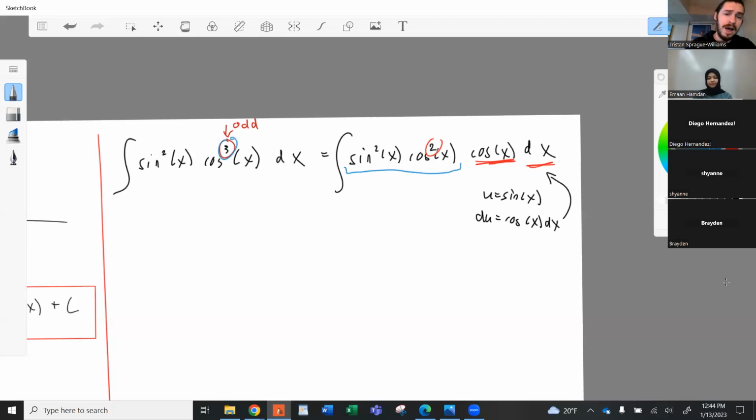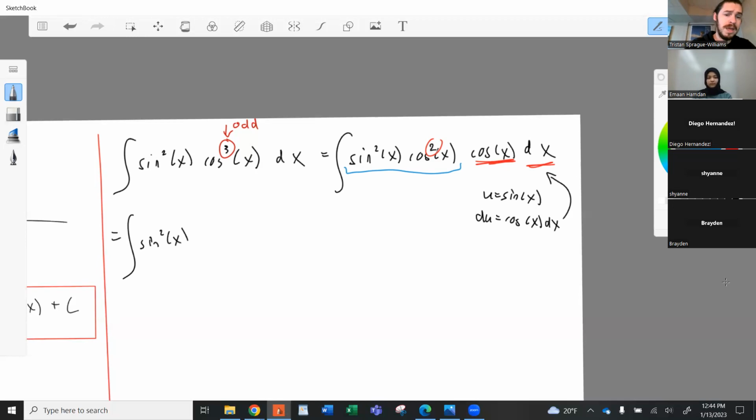Since this was odd, what's left over, after you take one on the side, is even, and we can just take pairs of two, cosine squared, however many copies of cosine squared go into that even number, and each copy of cosine squared can be replaced by 1 minus sine squared with the Pythagorean identity.